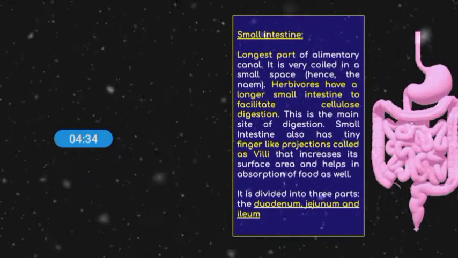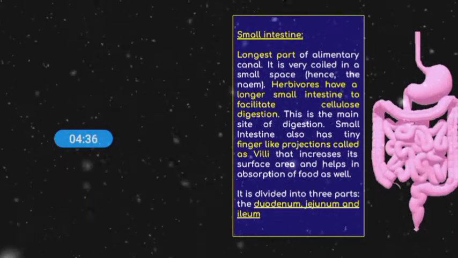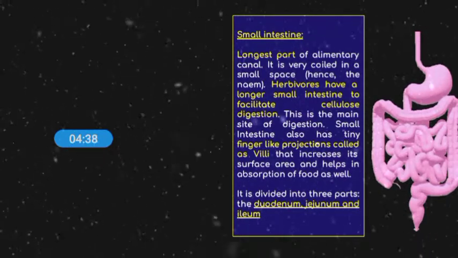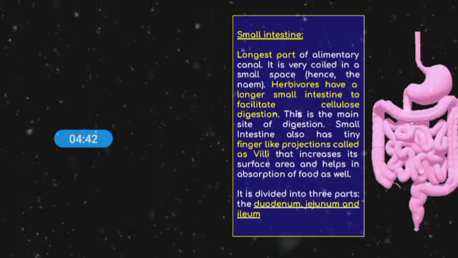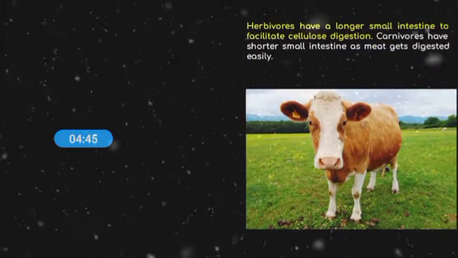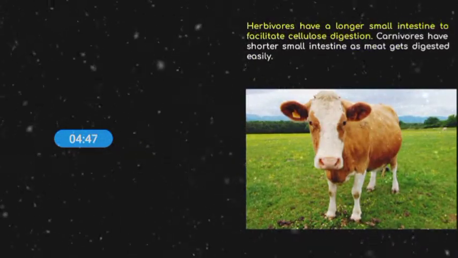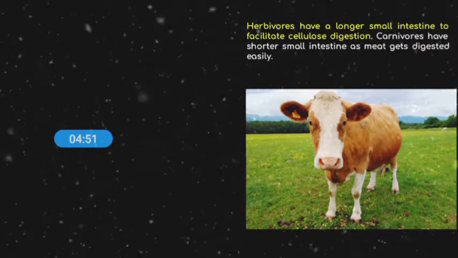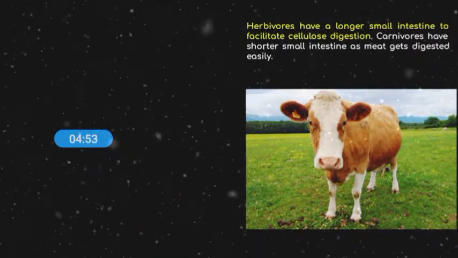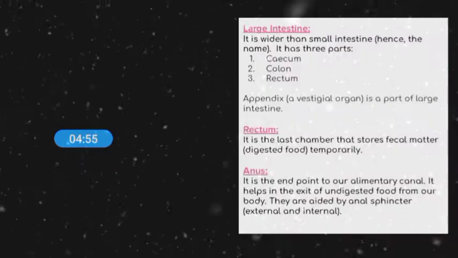It has finger-like projections called villi. It is divided into three parts: duodenum, jejunum, and ileum. Herbivores have a longer small intestine to facilitate cellulose digestion, and carnivores have a shorter small intestine as they digest food easily.